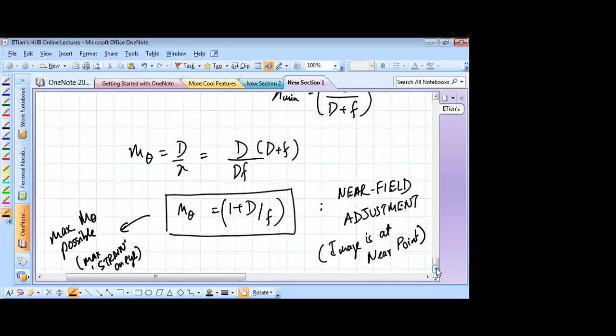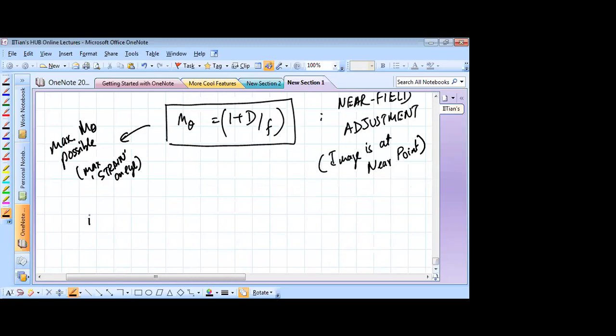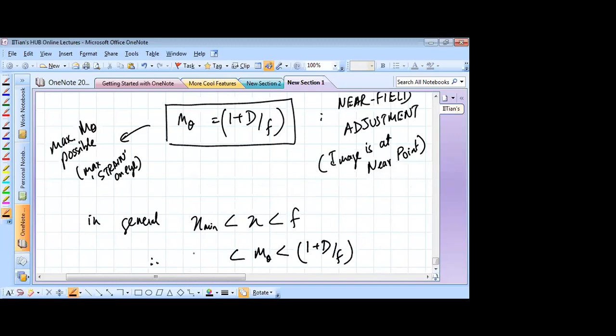So in general, your x should be between focal length and that x minimum, and correspondingly the angular magnification will be in this range.